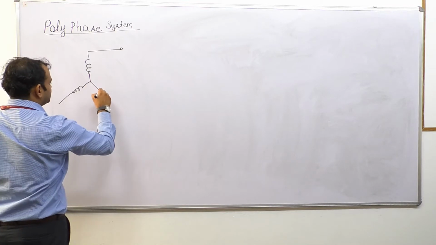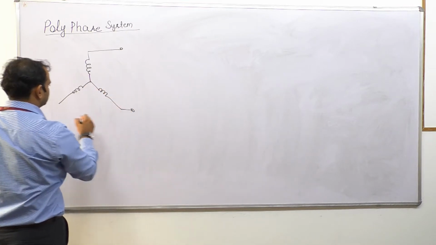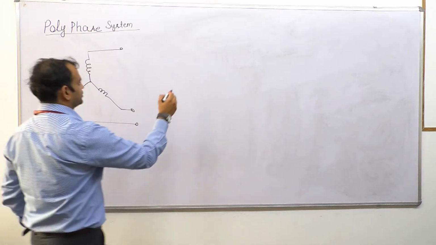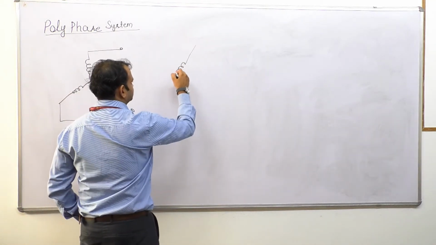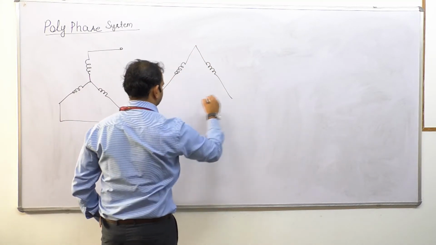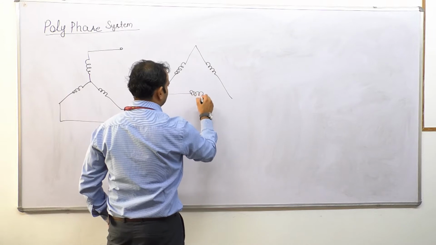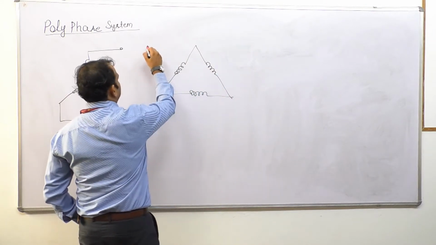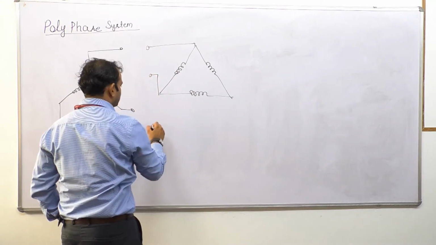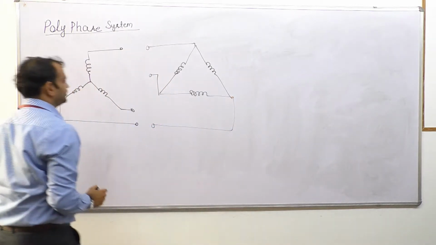This is a star connection, or another is a delta connection. These two systems are 3-phase systems, because there are 3 wires.